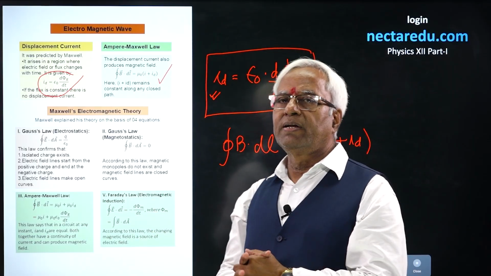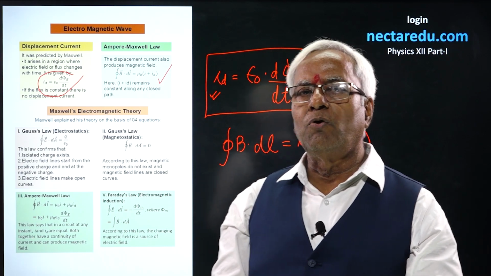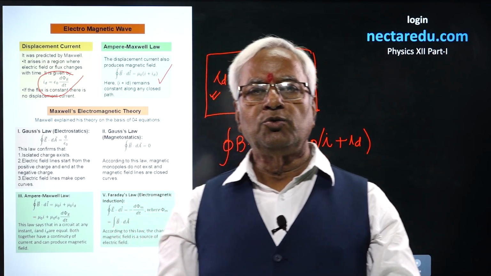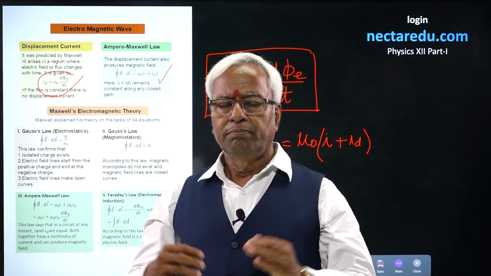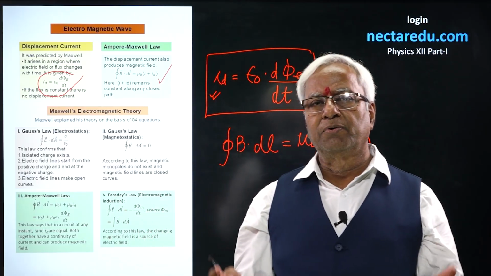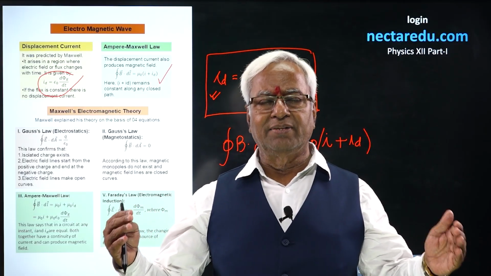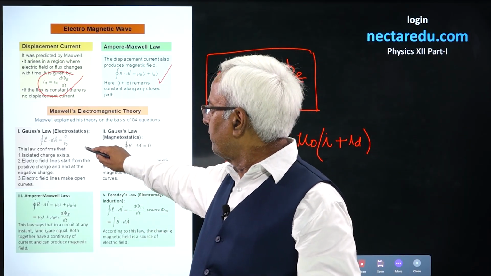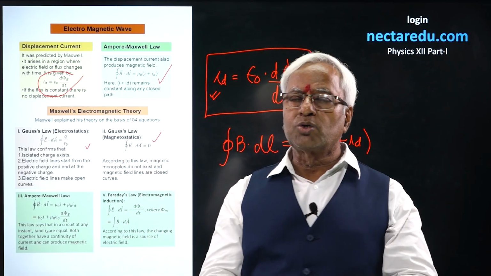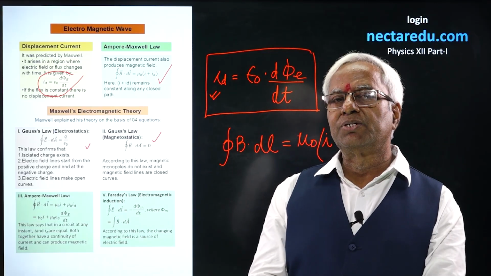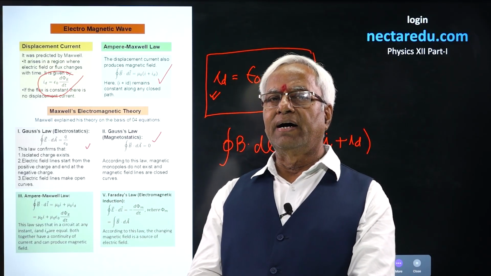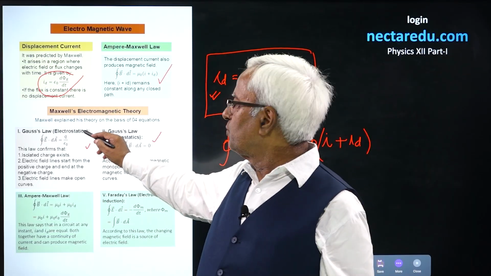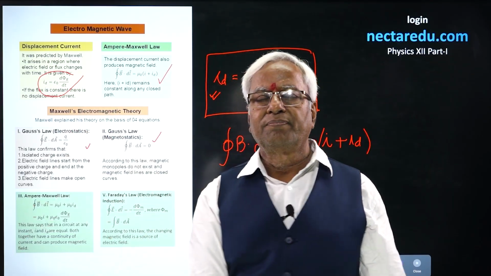Maxwell took the help of four theories together to formulate the framework of electromagnetic wave at length. The four theories are given one by one over here. First, Gauss' law for electrostatics, given by the integral of E dA equal to Q upon epsilon naught.